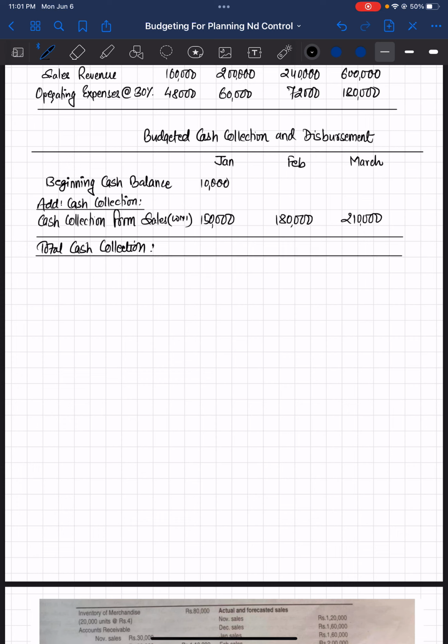So for the first month of January, we can add these up, that we have the beginning cash balance of 10,000 and the cash collection from sales of 150,000. This is going to be 160,000.